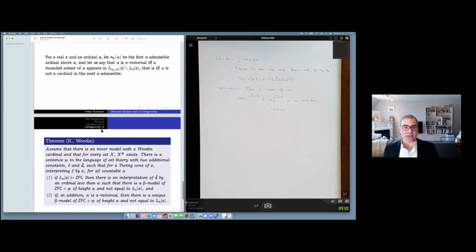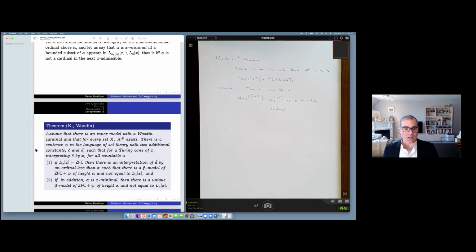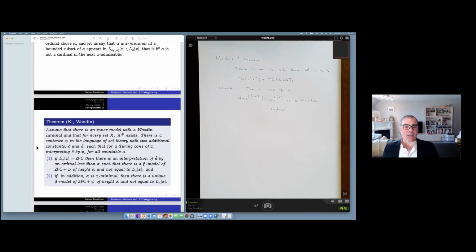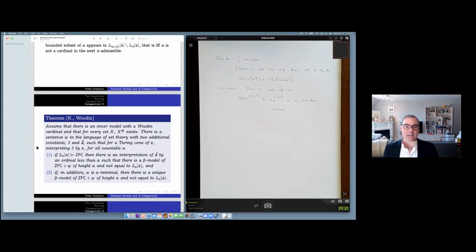And then this is the theorem. Assume that there's an inner model with a Woodin cardinal, and that for every set x, x sharp exists. So we have all the things that I wrote down there.